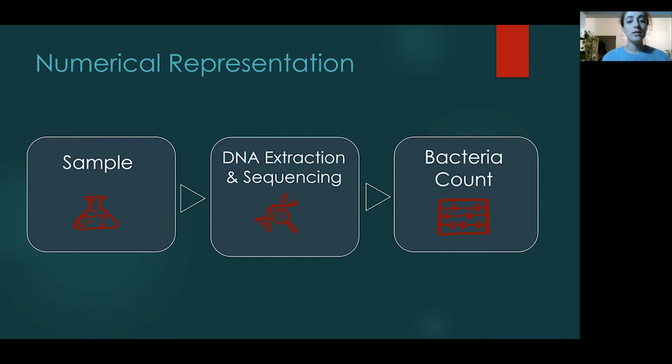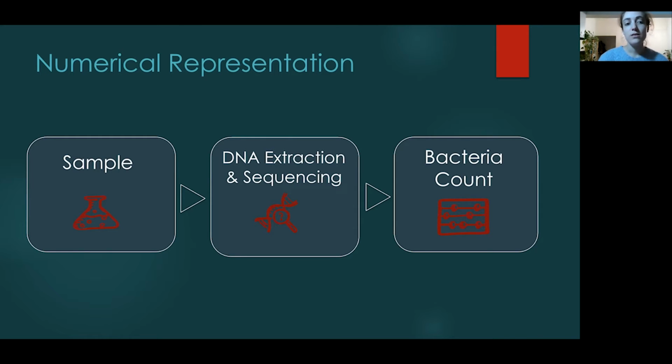Then we'll do DNA extractions, which means that from each sample we collected, we will pull out all the genetic material we can find in it. Then we will do sequencing. So a small reminder from your biology class, DNA is a double-stranded structure, which is made from nucleotides. And we have 4 types of nucleotides, which we represent with one of the following letters, A, C, T, or G. And you can imagine the DNA as a necklace, where each bit is a nucleotide.